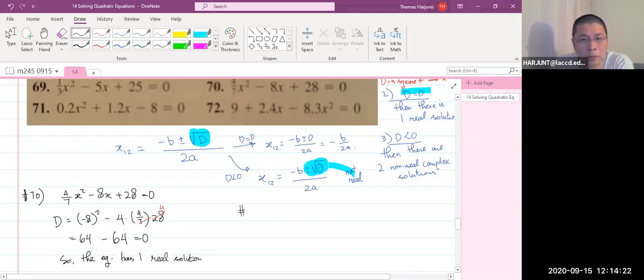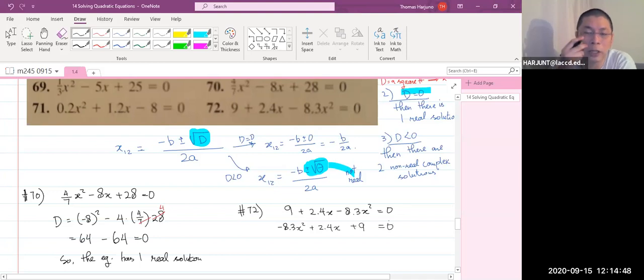Number 72. 9 plus 2.4x minus 8.3x squared equals 0. Maybe I rewrite that first. Negative 8.3x squared plus 2.4x plus 9 equals to 0.